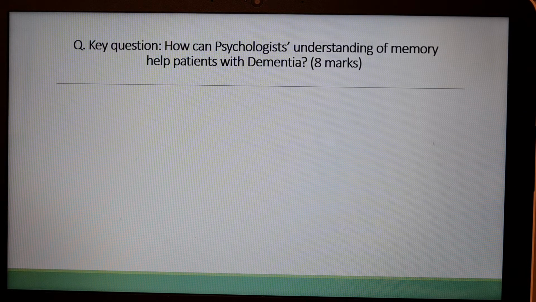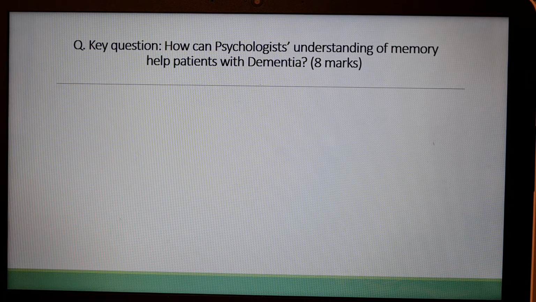So the question that I have chosen for the cognitive key question is, how can psychologists' understanding of memory help patients with dementia? For 8 marks. So, firstly, you need to have an understanding of dementia and the cognitive theories which link in with dementia.